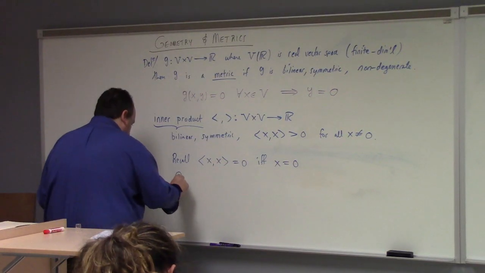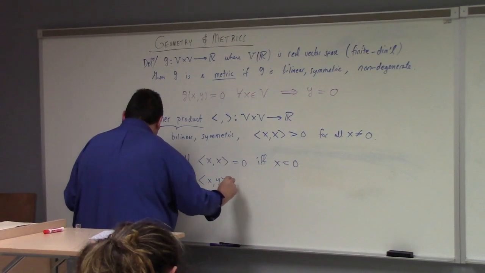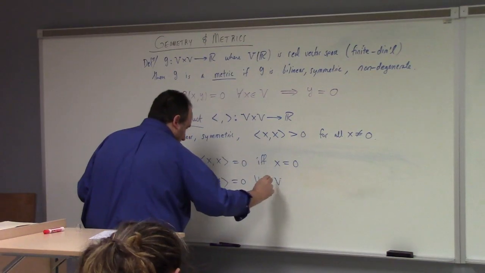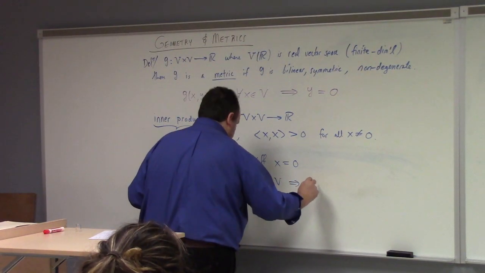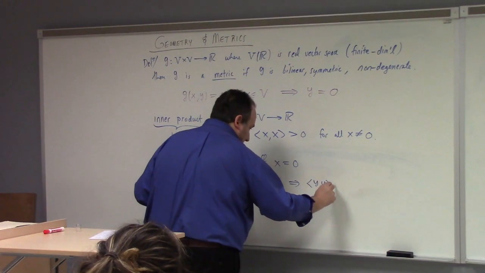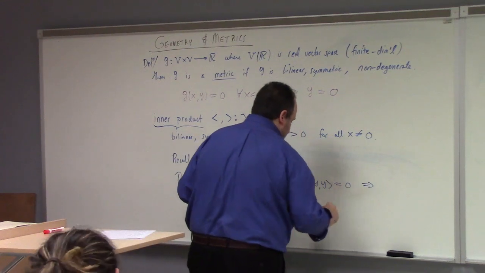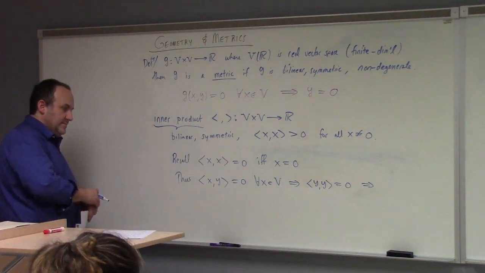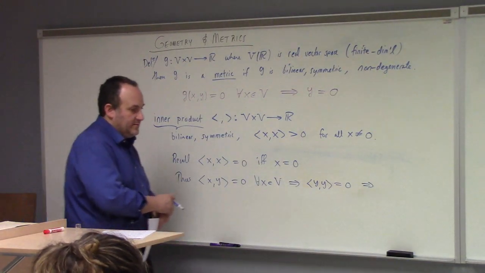Thus, if we have the inner product of x and y equal to 0 for all x in V, that implies that the inner product of y and y is 0, which by our work in inner product spaces implies y is 0.